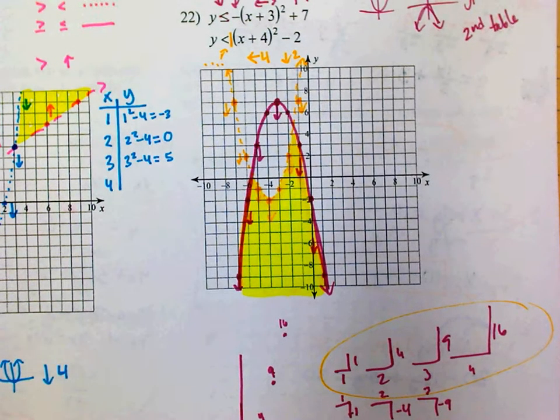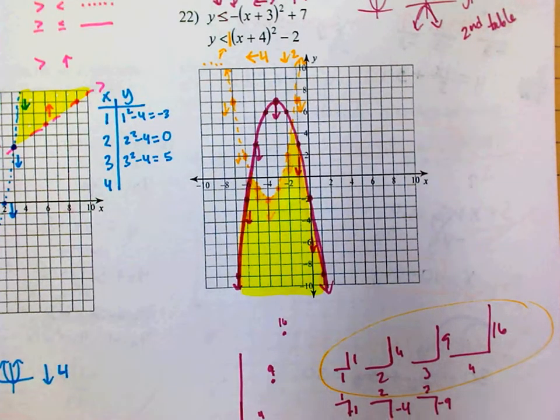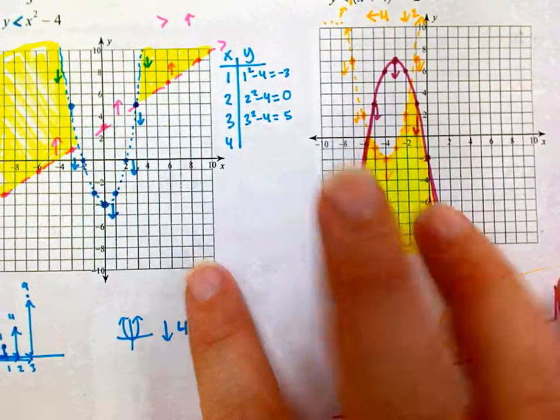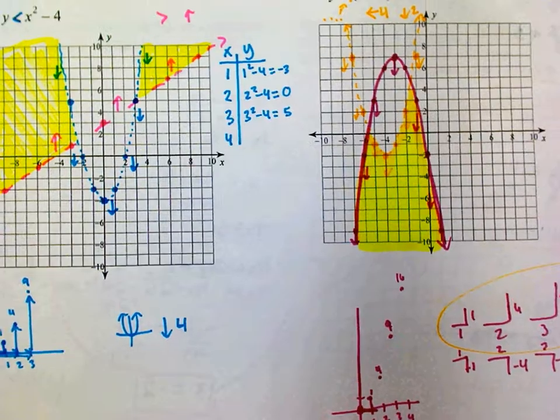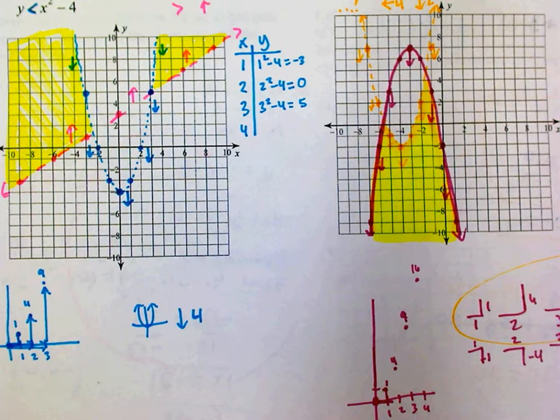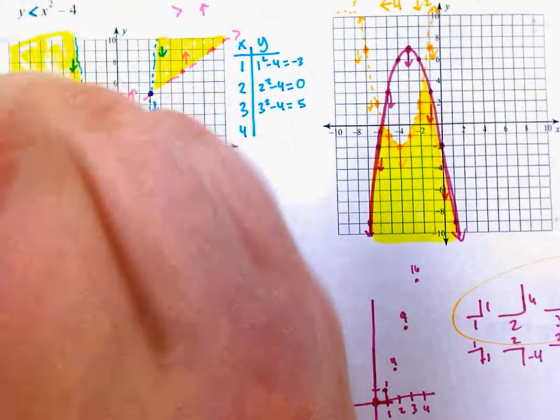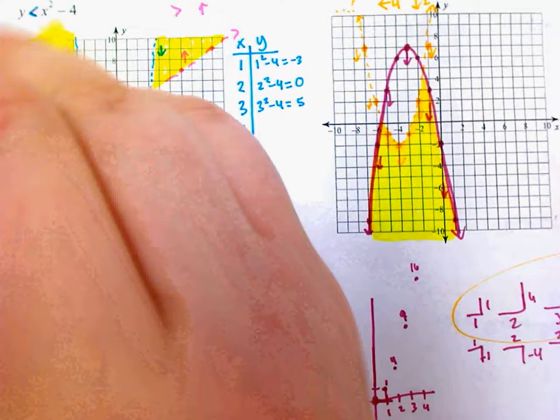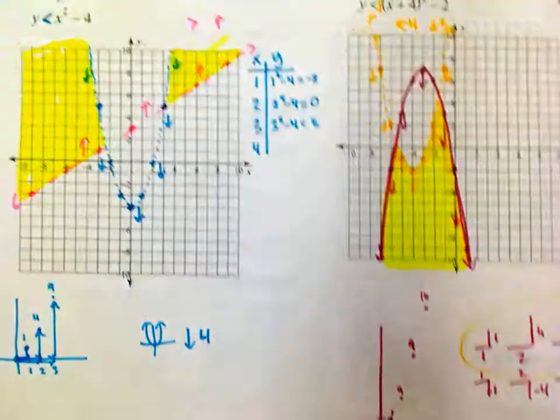How many of these systems are going to show up on your test? Rye's going to have about 10, but the rest of you are probably going to have 1. Sorry, Rye. I'm just going to give you a harder test. But there's only going to be 1. Now, do you think that the parabola is going to be more like this one or more like this one?